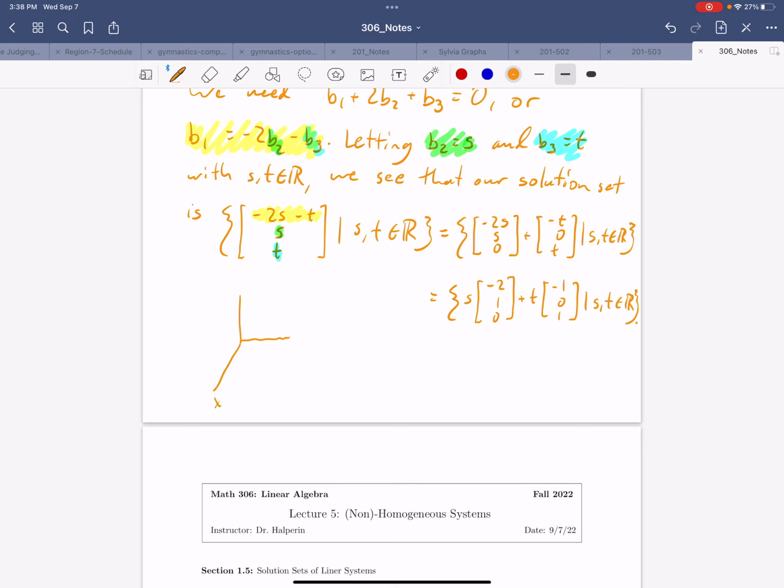So if I call these axes x1, x2, and x3, then we can talk about a certain kind of plane, like this.